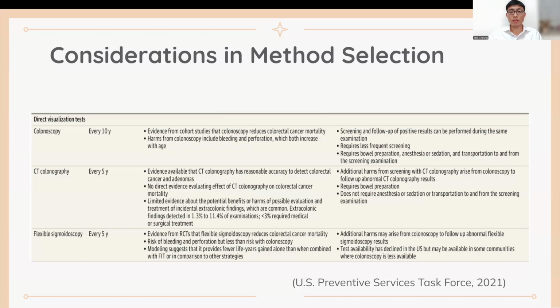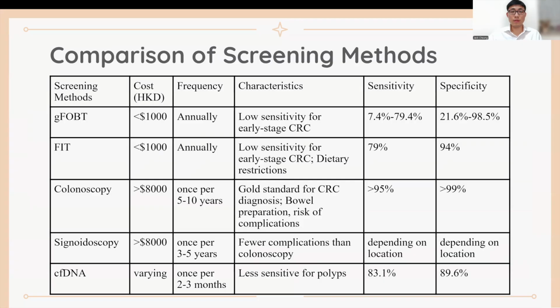Meanwhile, it has a chance of missed diagnosis, and the need for a second colonoscopy follow-up if there are any abnormal results may also increase the overall risk to the patients. So these are the additional considerations while comparing the different screening methods. We can see that FOBT and FIT are cheaper methods, but meanwhile their sensitivity or specificity is relatively lower.